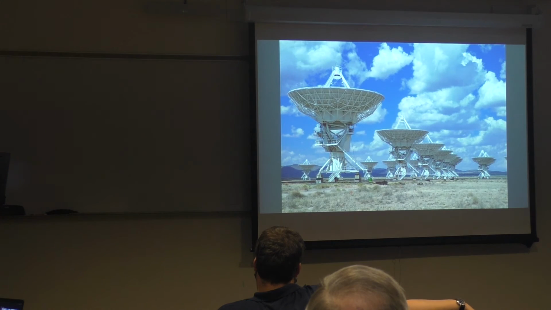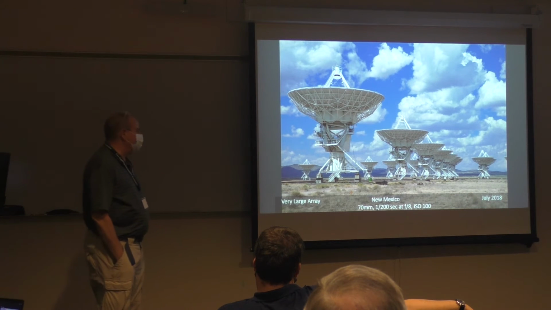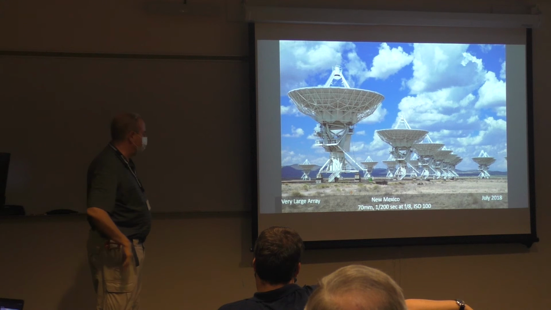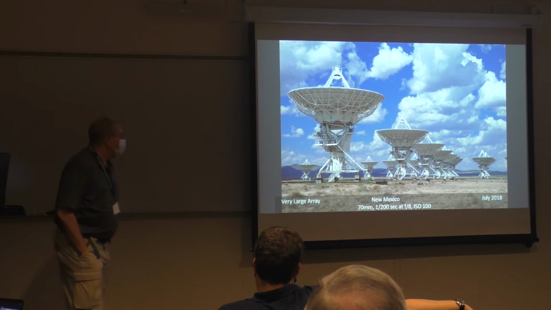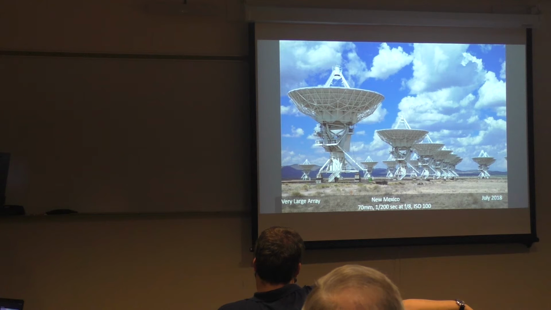So let's see. VLA. When I went to visit, it happened to be that the telescopes were all in the middle, not spread out over all the many miles of those tracks, which helped. And to help, if you're not familiar with this, just to give you a sense of the size of these telescopes, that's a staircase right there.